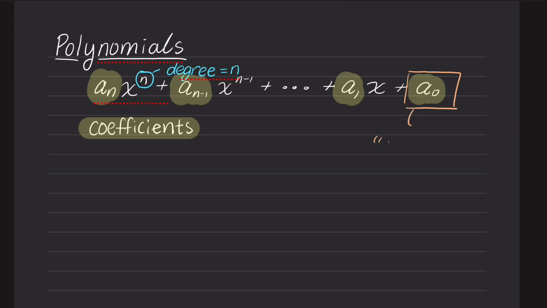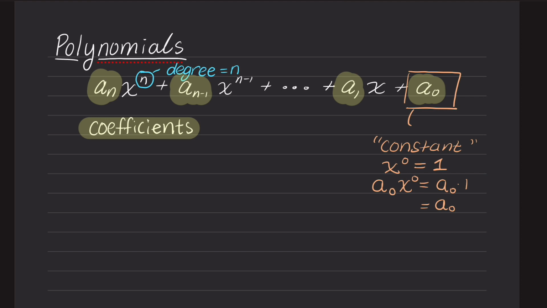This is called our constant term. Notice it's the only one that we have written that we don't have attached to an x. That's really because it's the x to the 0 term, and anything to the 0 is equal to 1. So really, if we have a naught times x to the 0, that's really a naught times 1, which is just a naught, which is why we just write a naught.